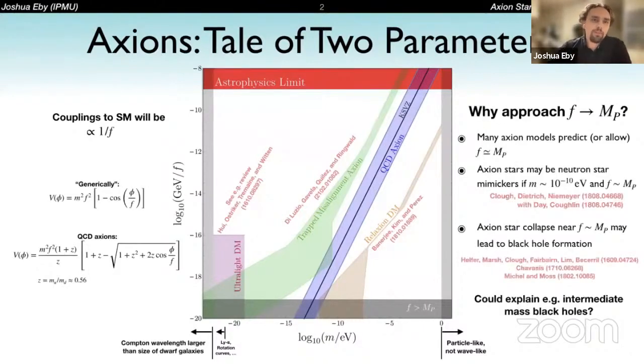By way of motivation, let me explain why we became interested in axion stars at large f. First of all, there is a vast literature on a wide variety of axion models, and we should leave no axion behind. We should try to test these models at all scales. But in the particular case of axion stars, there are a couple of observations that caught our eye. For example, there have been papers suggesting that axion stars, which have decay constants and masses of order 10 to the minus 10 eV, can have roughly the size and mass of neutron stars.